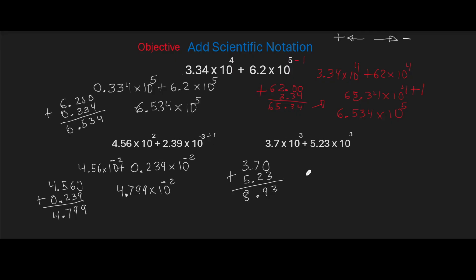And the answer should be 8.93, and that would be times 10 to the third power. Okay, this one, once more, is in scientific notation. All right, you need only one whole number in front of the decimal point, and that's what we have. So that would be the answer, and that's it.